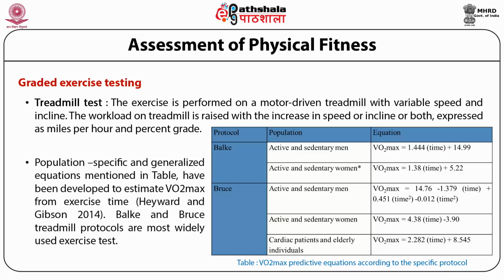The population specific and generalized equations that have been developed to estimate the VO2 max from exercise time are shown in the table. The treadmill protocols of Balke and Bruce are the most widely used exercise tests.